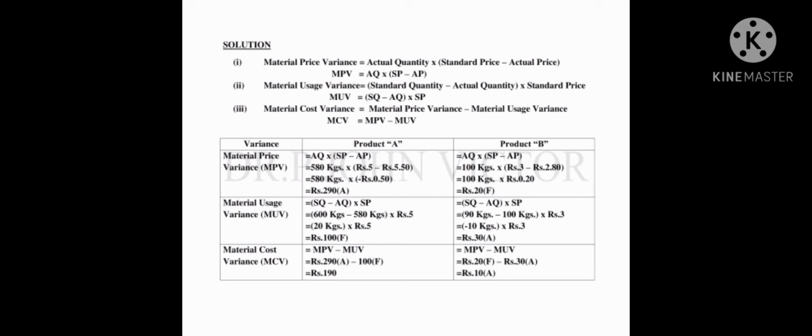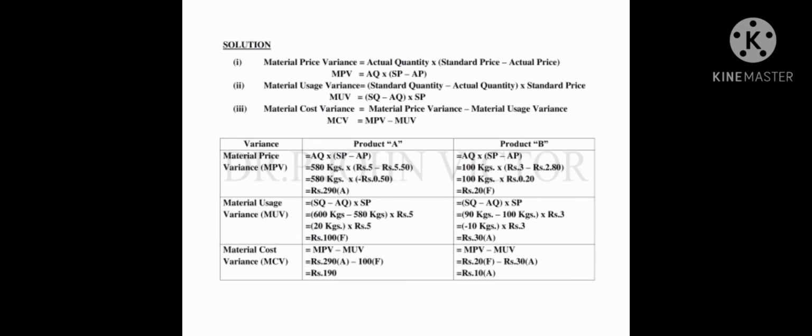Now working. The first formula I am taking is material price variance. For product A, first I am working actual quantity into standard price minus actual price. Actual quantity in the sum is given as 580 kilograms into standard price rupees 5 minus actual price 5.50.